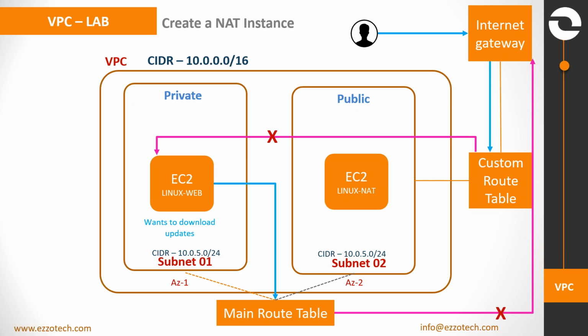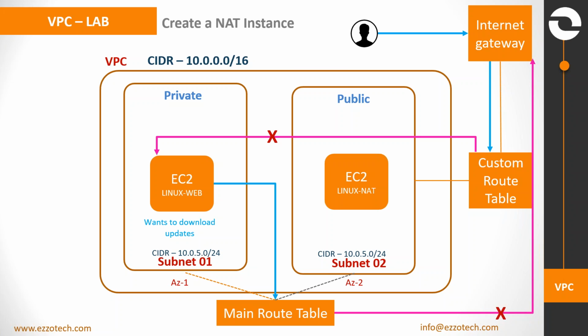So now in this scenario, the challenge is that my user wants to communicate to the EC2 instance in the private subnet, but they cannot communicate to this, and even the instance is not able to communicate to the internet.